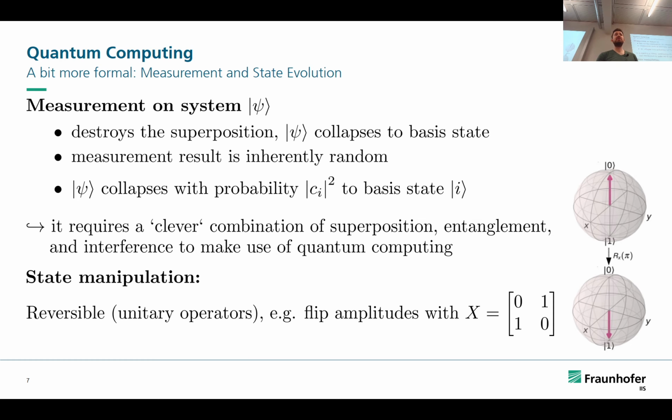If you start there and just apply a NOT gate, then you flip to the downward state, which is the one state. And the nice thing is that everything is linear, so it also automatically works for all the superpositions in between. So those are the basic working principles.